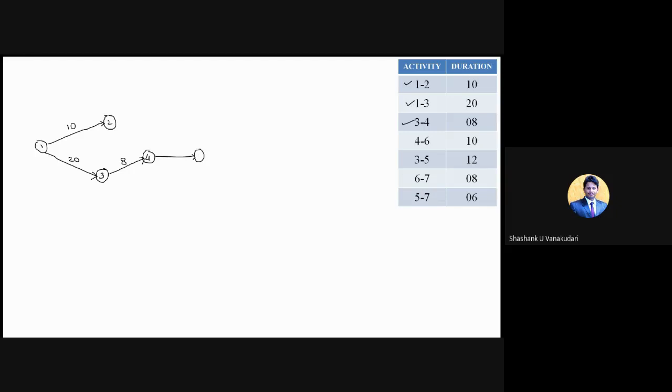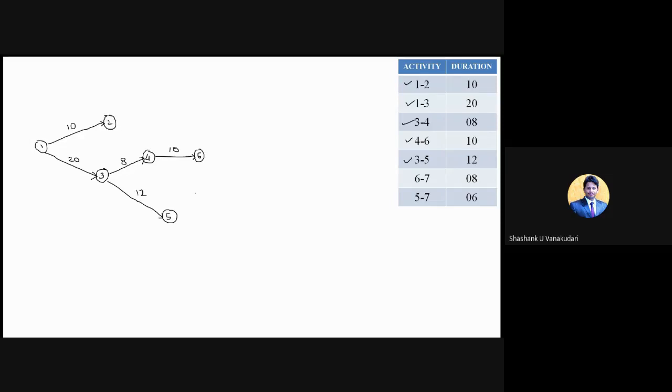The total duration for 4 to 6 is 10 days. Okay, 4 to 6 is over, then 3 to 5 I can write in this way. The total duration for 3 to 5 will be 12.